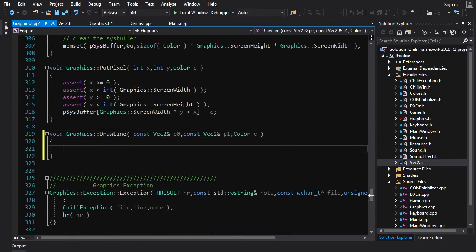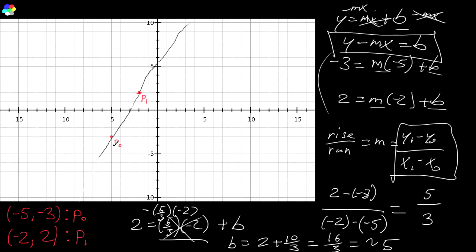Now the first thing that we need to think of is that the user can give us P0 and P1, but they can give them in any order. So when we do our loop through x, we want to loop from the one with the lower x to the one with the greater x.